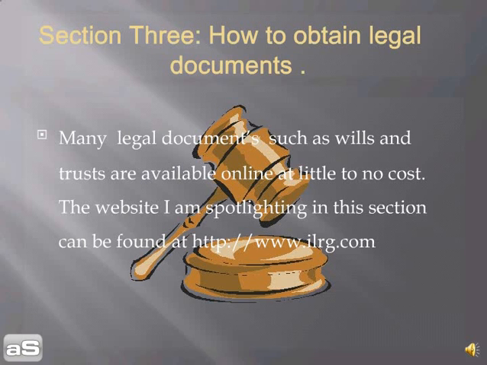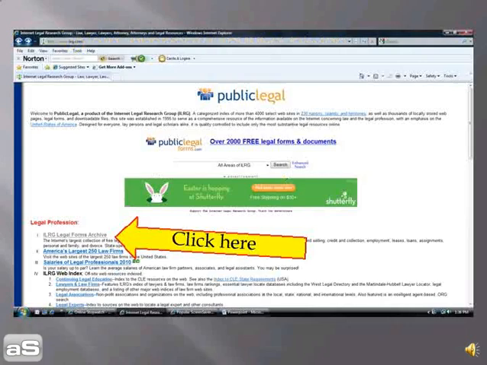Section 3. How to obtain legal documents. Many legal documents such as wills and trusts are available online at little or no cost. The website I am spotlighting in this section can be found at www.ilrg.com. Once you have navigated to the site, click on the ILRG Legal Forms archive.